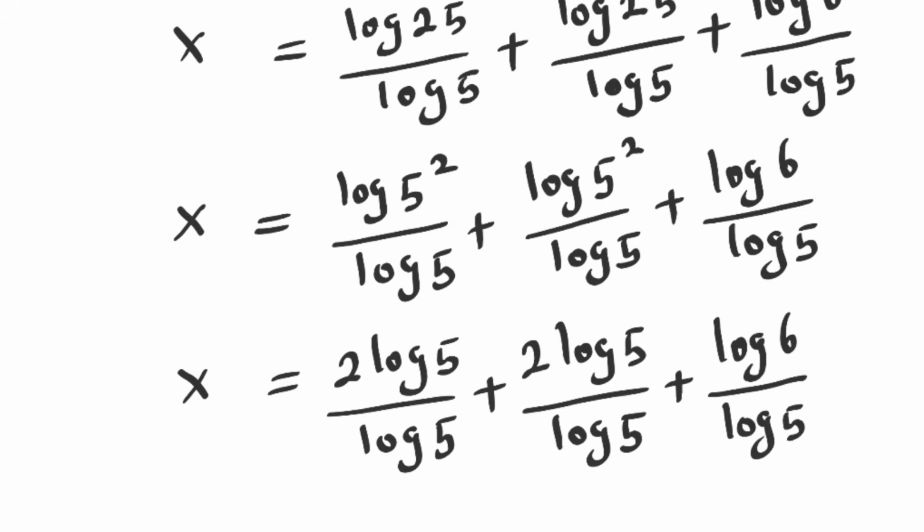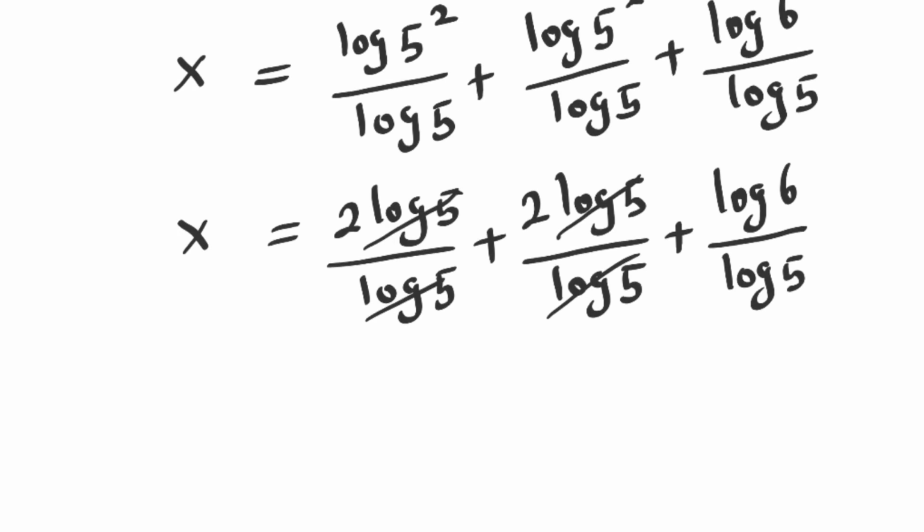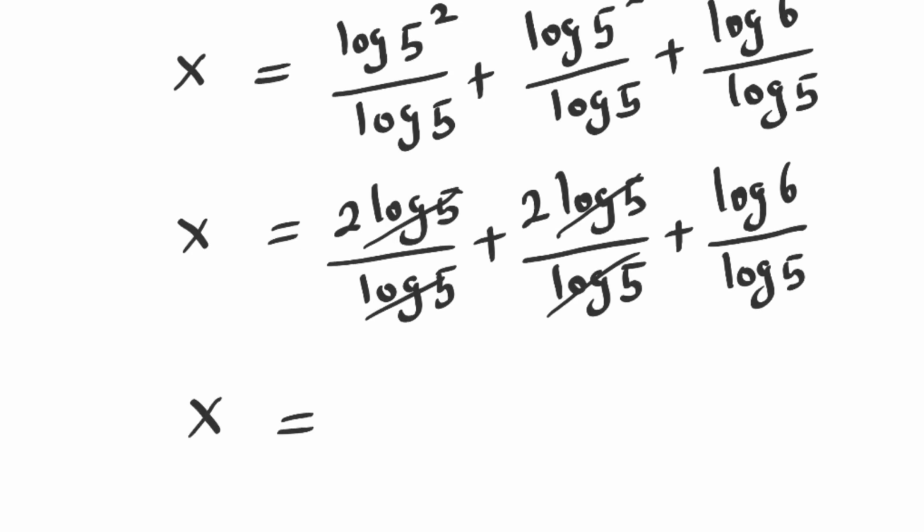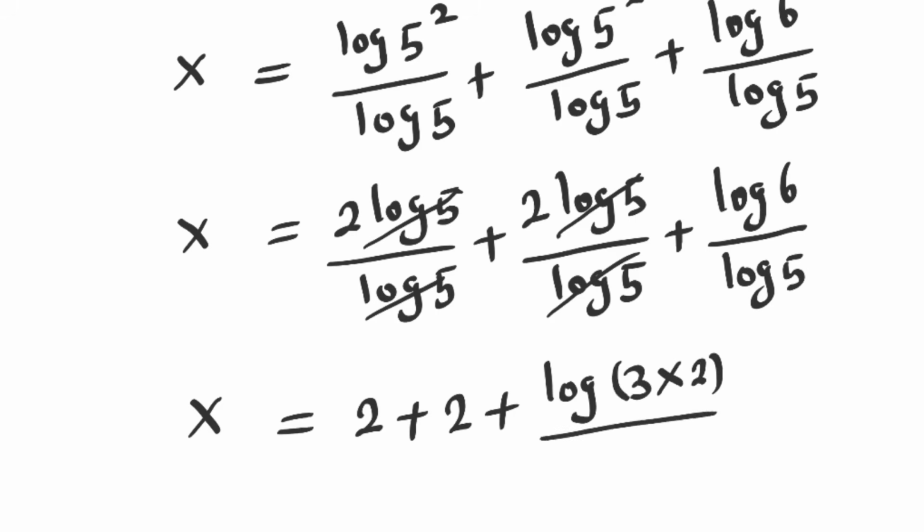Log 5 cancels log 5 here, log 5 cancels log 5 here. x is equal to 2 plus 2 plus log 6 can be written as log 3 multiplied by 2 all over log 5.